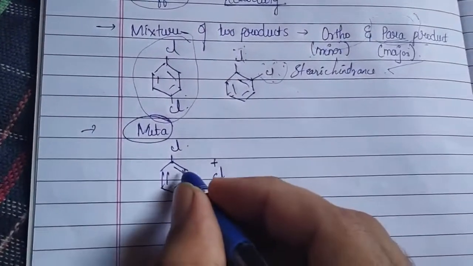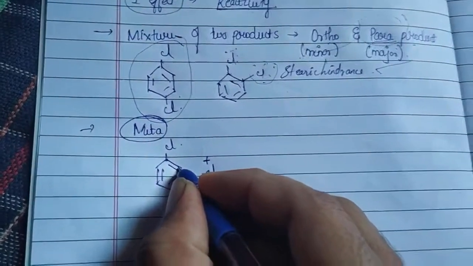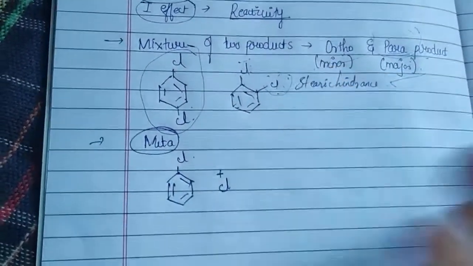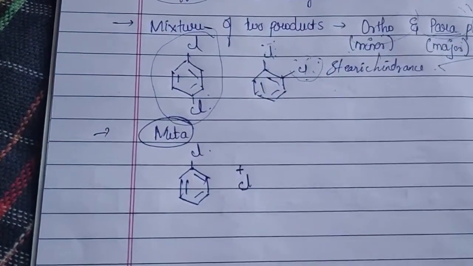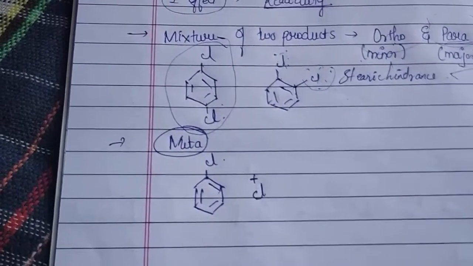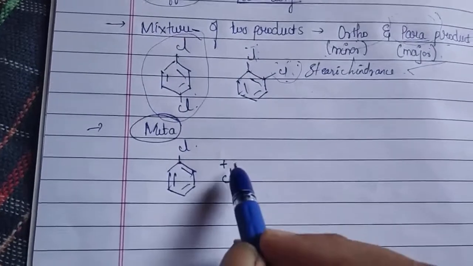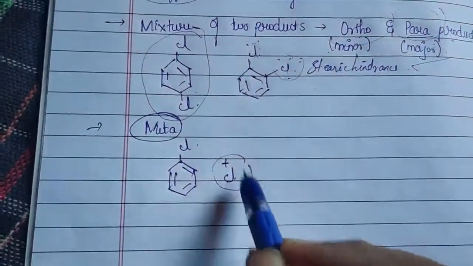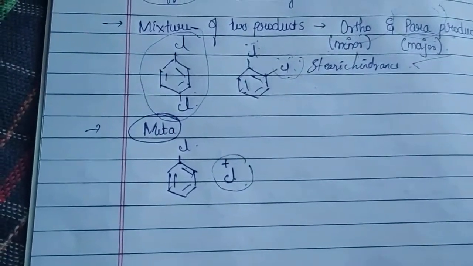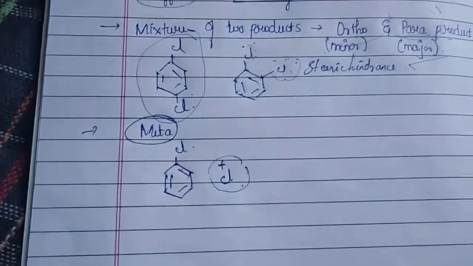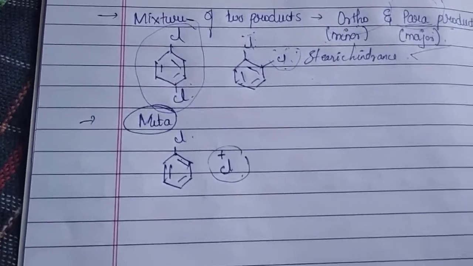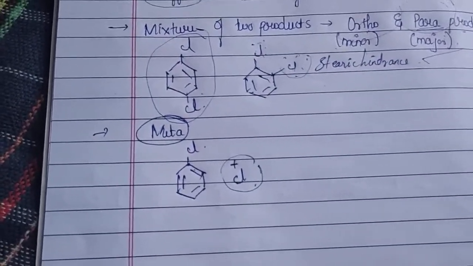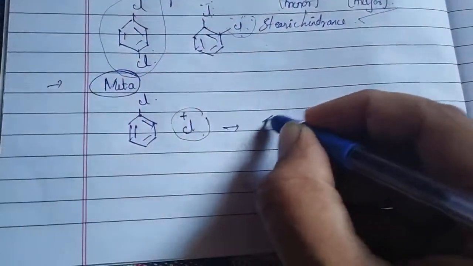When it is attacking the haloarene, we are going to get an electrophile. Whenever the chloronium ion is attacking your benzene ring, you are going to get a carbocation, which will be resonance stabilized. I repeat.